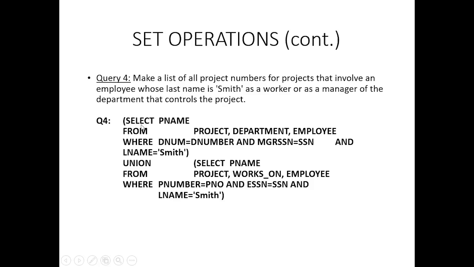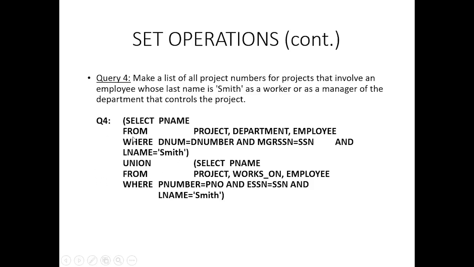So the query will be like this: select P name. Here we are returning the project name, and we need to check whether that employee's last name is equal to Smith. So we need to take the project relation, then the department relation, and then the employee relation.